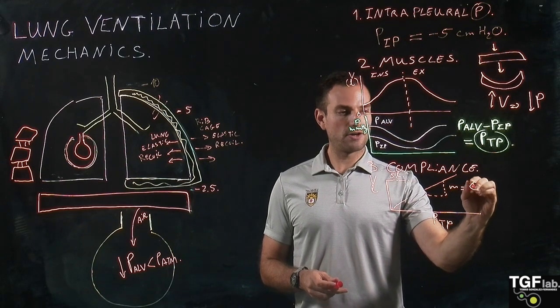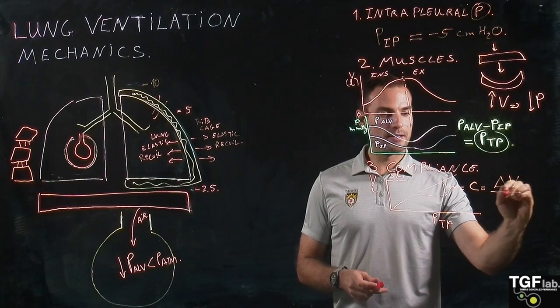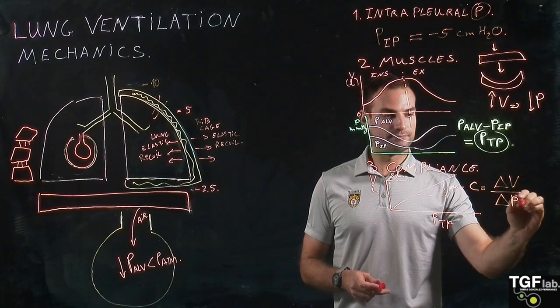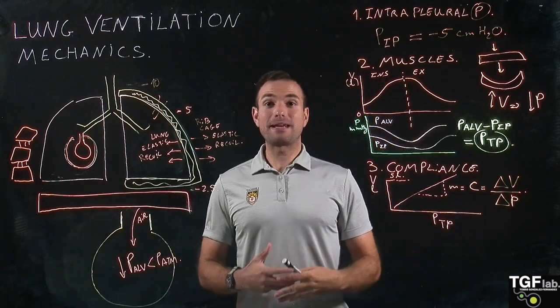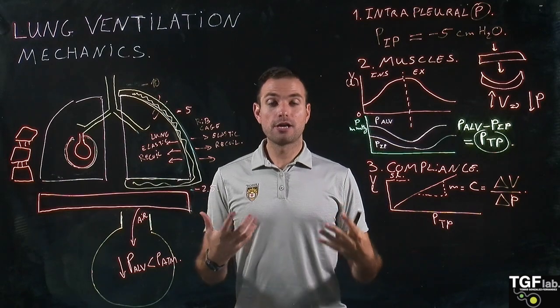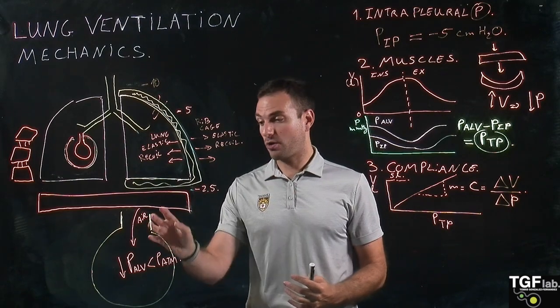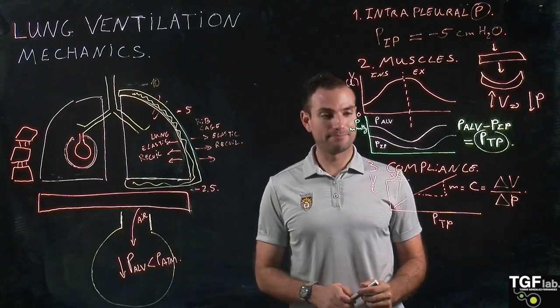So this slope is going to be the compliance that is equal to the change in volume divided by the change in the transpulmonary pressure. Okay. So if we have more compliance, it's going to be easier to get more air. So therefore, it's going to bring down the pressure much lower. So we are going to be able to perform this process of air exchange at the alveoli.